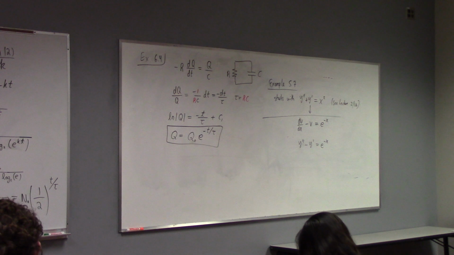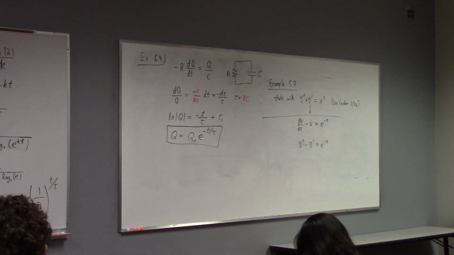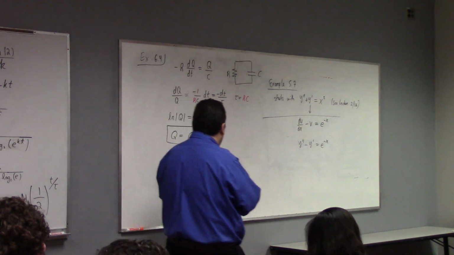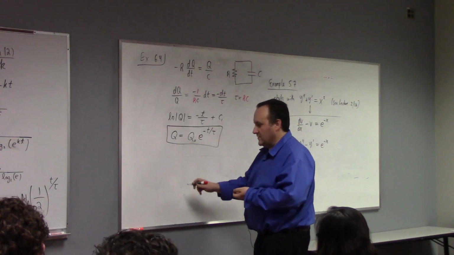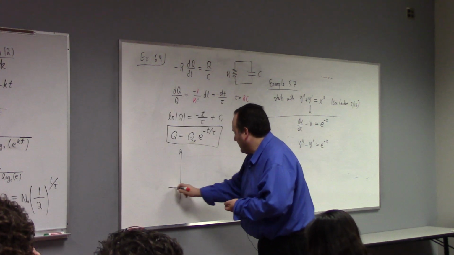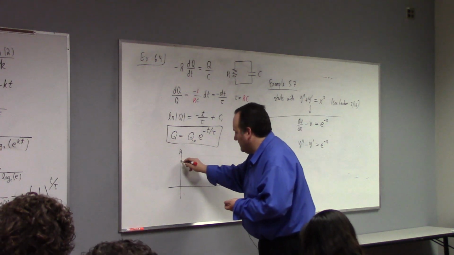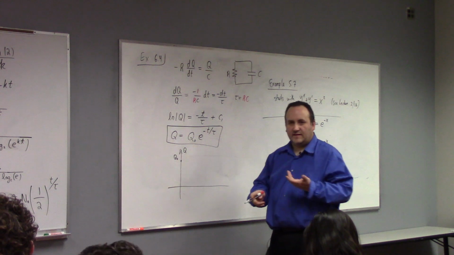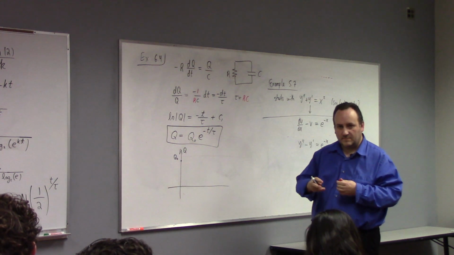So what happens, this is interesting. How long does it take for a capacitor to discharge? What's the graph of this look like, guys? The initial charge, let's say, is Q naught, yeah? And then it's got exponential decay, right?